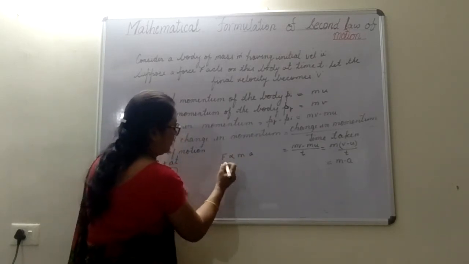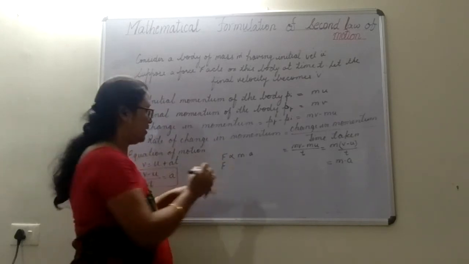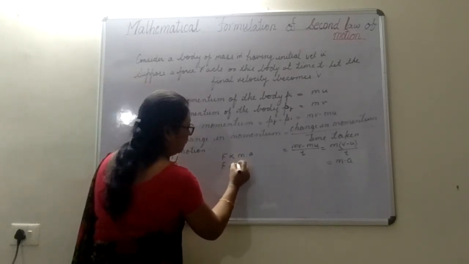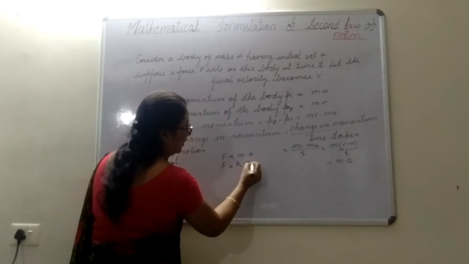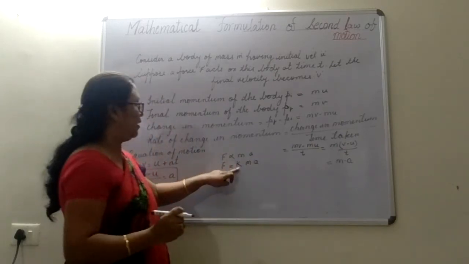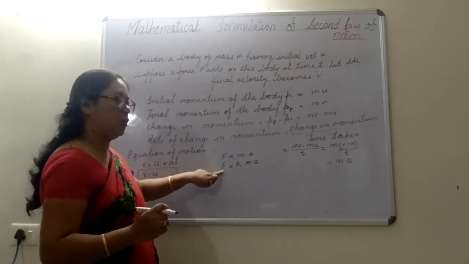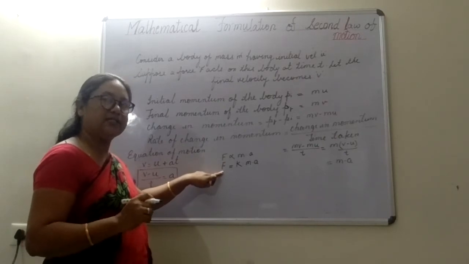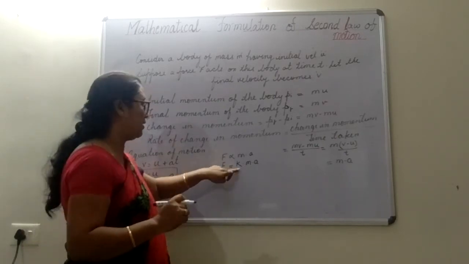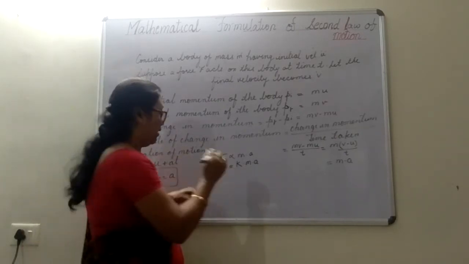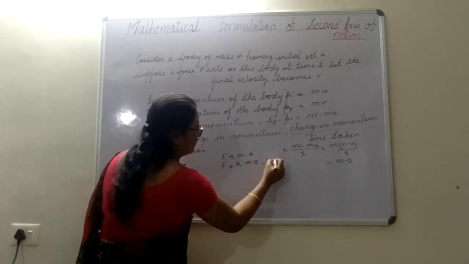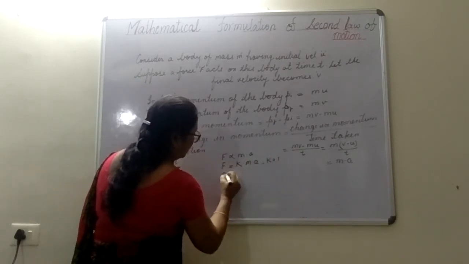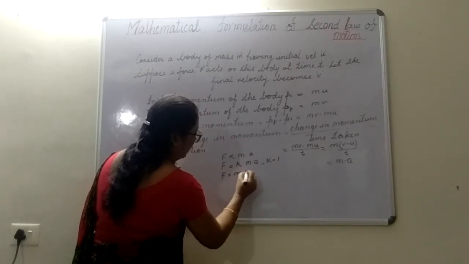If we convert it into an equality sign, it will be followed with K a. Now the unit of force is chosen in such a way that the value of K becomes 1. So the value of K will become 1 and F is equal to m into a.